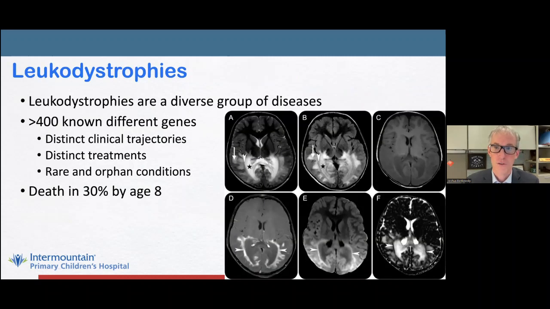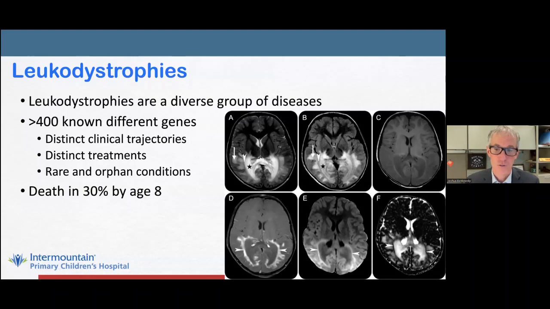So these are a very complex and diverse group of diseases. As we've learned more and more, we've realized there are more and more different genes that can be affected. There are, at this point, more than 400 different genes that can cause changes on MRI that look like a leukodystrophy. Each of these diseases has a distinct pathway for what happens in the disease, so how people are affected, what kind of symptoms they have, what kind of treatments might or might not work.